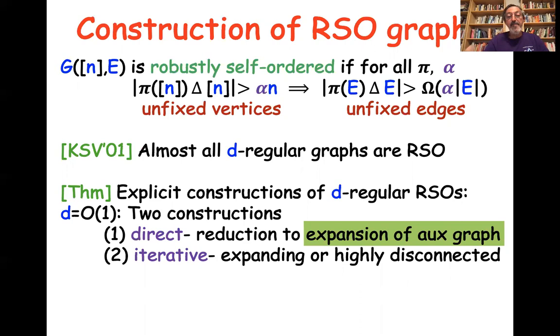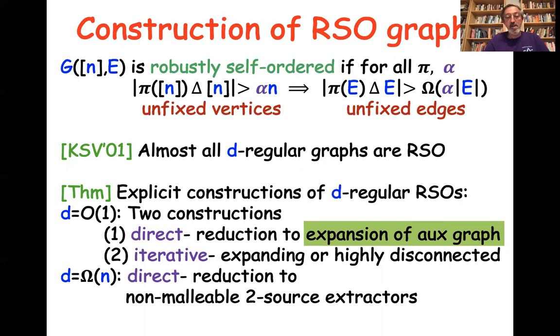In fact, they have tiny connected components of logarithmic size. So it's not directly related to expansion. In the dense case, we also have a direct construction. It goes by reduction to a different pseudo-random object, non-malleable two-source extractors. For those who don't know it, let me just note that these are among the most complex to construct pseudo-random objects that I know of.